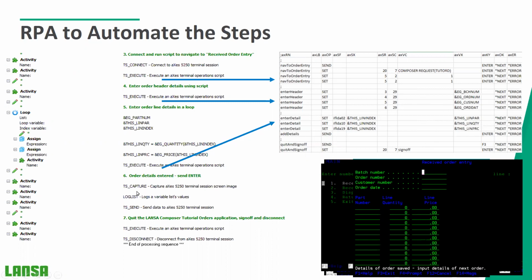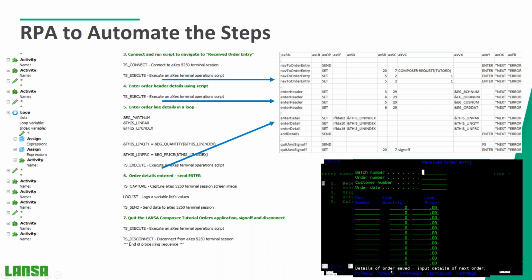Now, TS capture allows me to see what the screen looks like. Obviously for debugging purposes, you want to know if something went wrong, what screen was it looking at? So TS capture is like a debugging step or a logging step that allows me to see what the screen looked like. I want that for 2 reasons. One reason is for debugging, so if something went wrong, I can see what the robot was looking at.